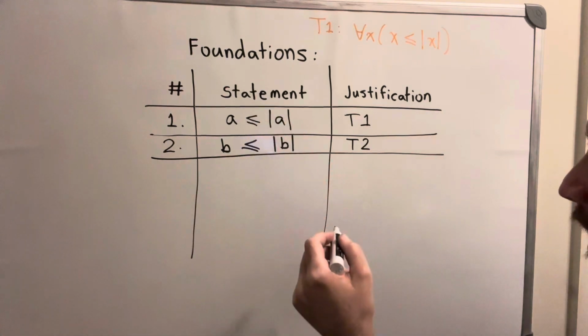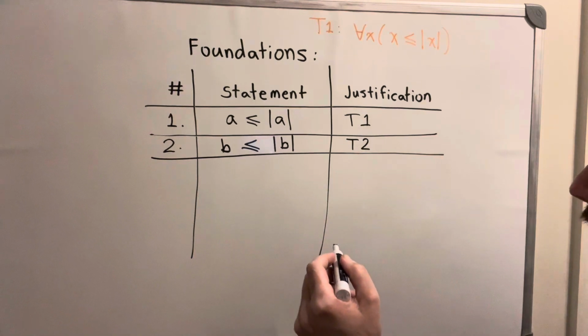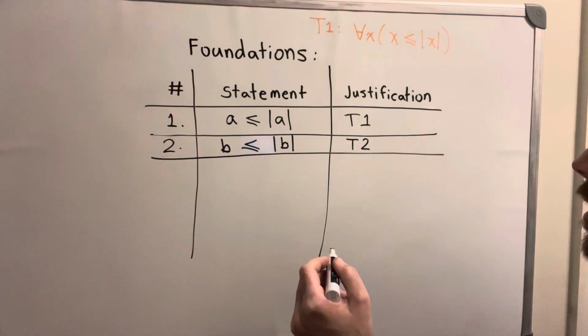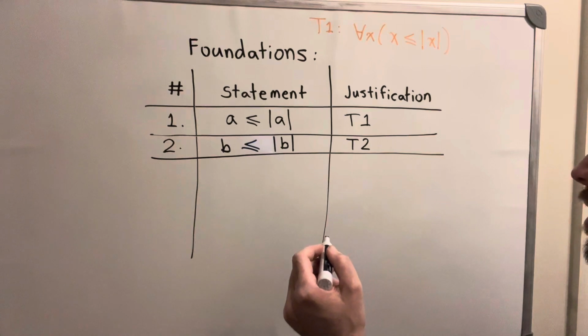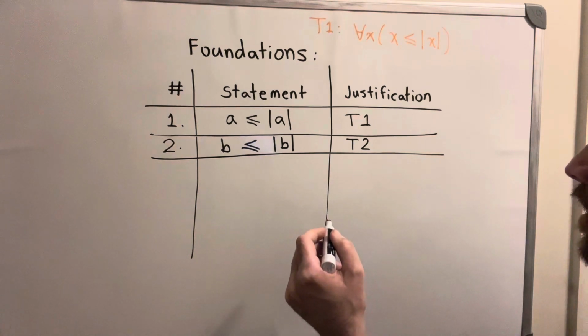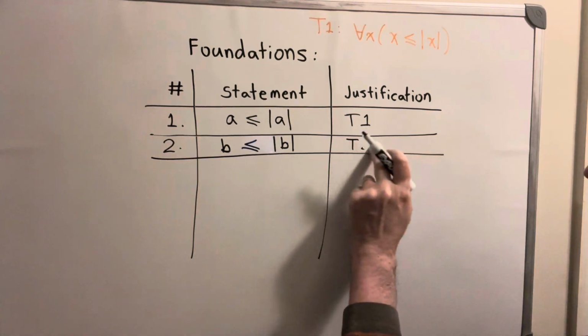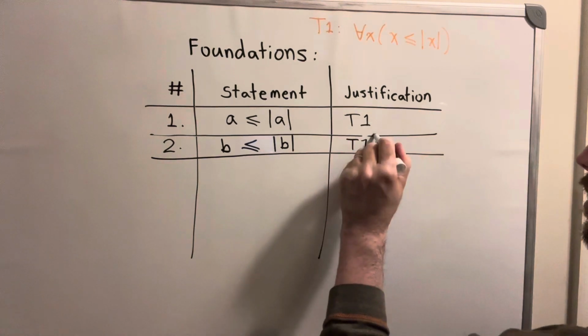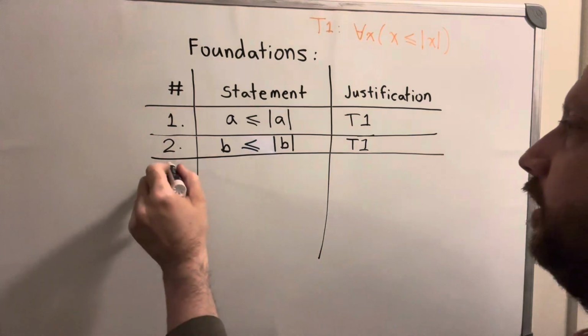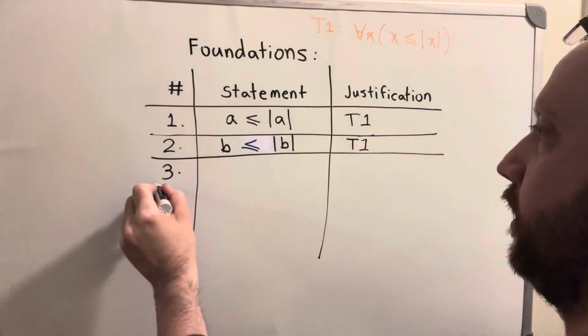So these statements, a is less than or equal to the absolute value of a, is justified, and b is less than or equal to the absolute value of b is justified. Now, here's a step 3.